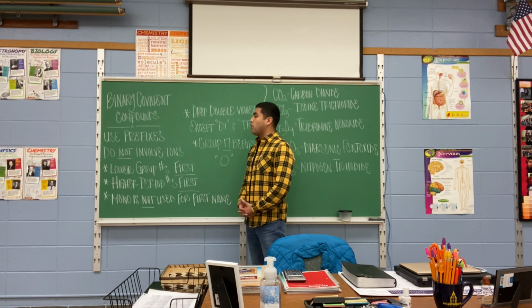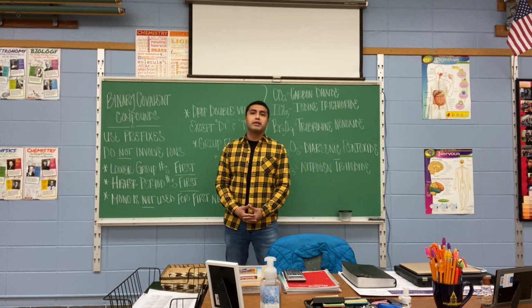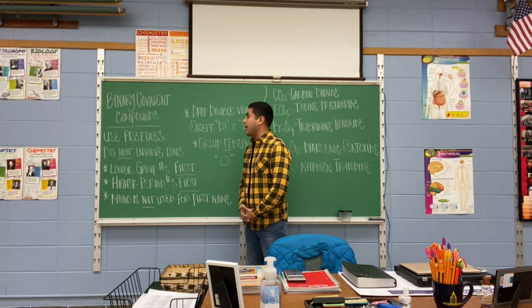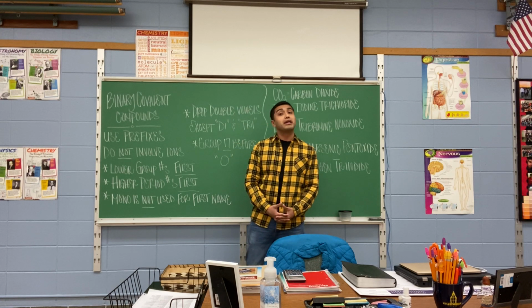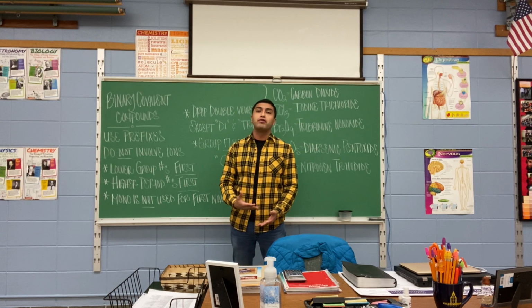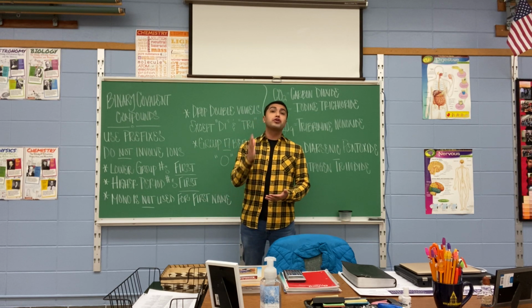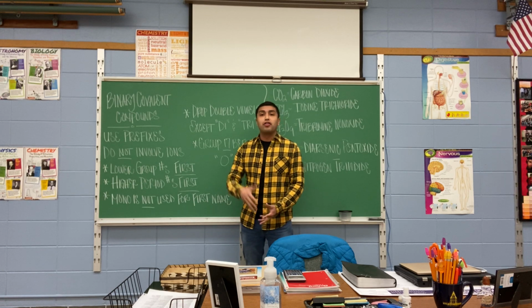There's two terms I want to go over really quickly. I think you probably understood these before, but just to help you comprehend it a little better, you have groups and periods on your periodic table. Think of your groups as the vertical columns on your table. That's exactly what they are. They're vertical columns.